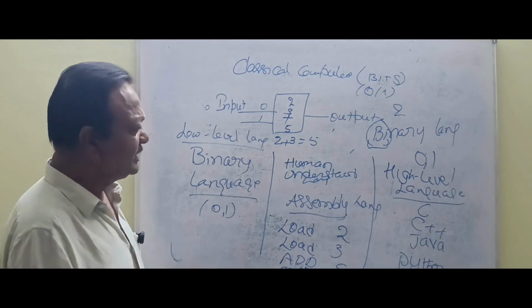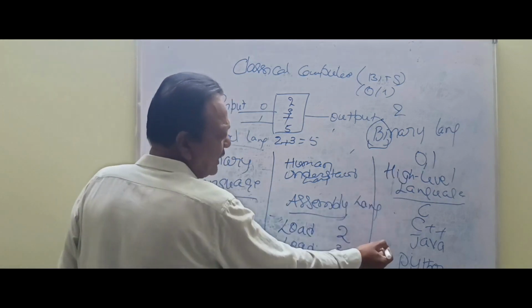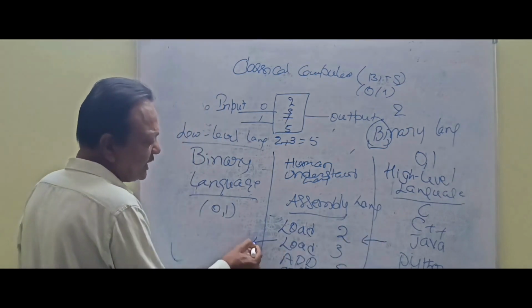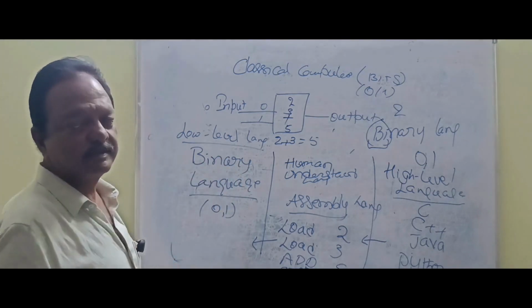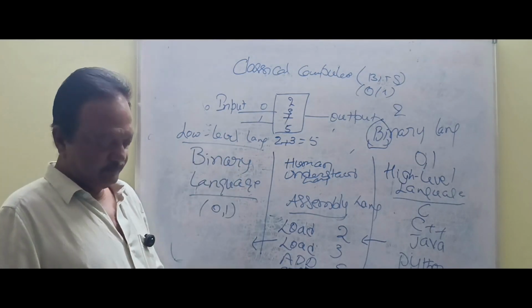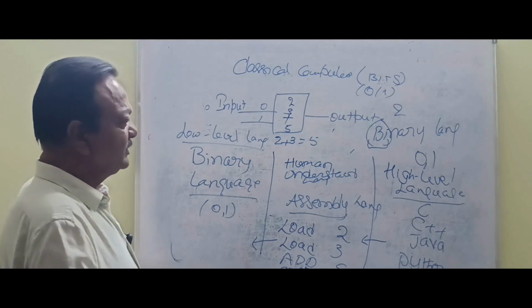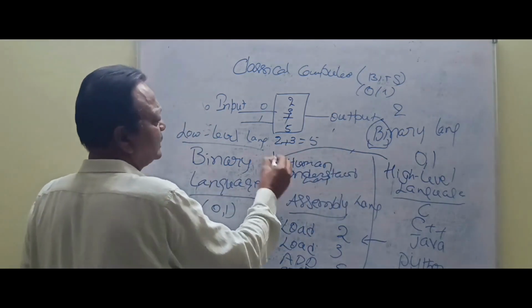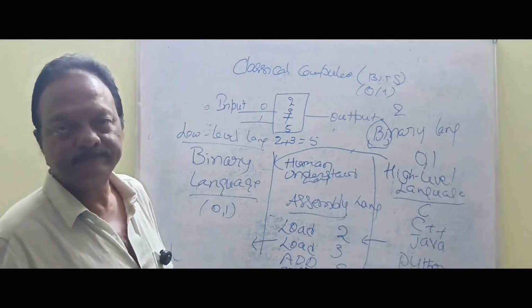So even if you write a program in a high level language, it will be converted into assembly language, and assembly language will be converted into binary language, meaning translation. Otherwise, you can directly translate high level language to binary language.